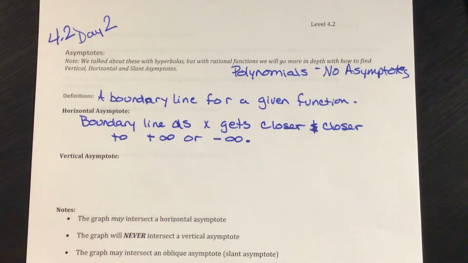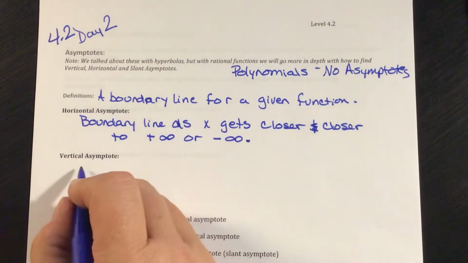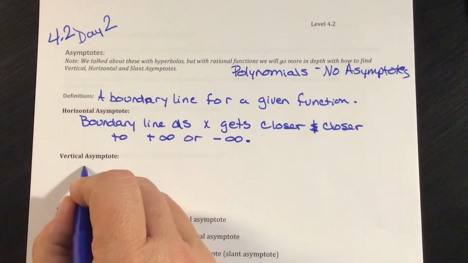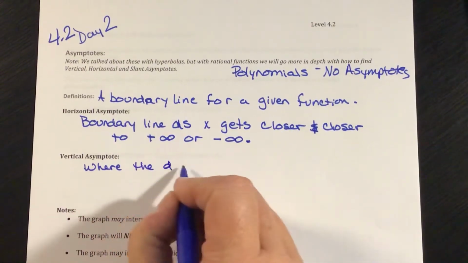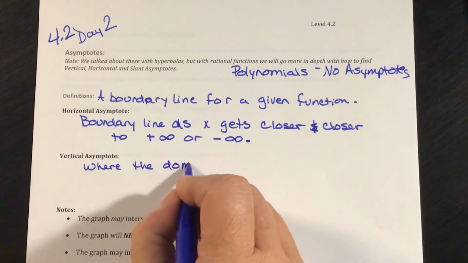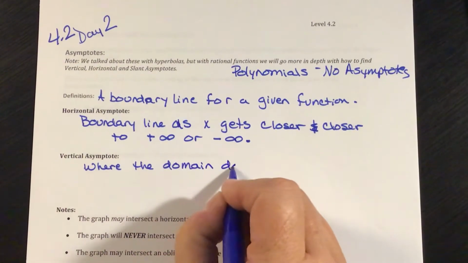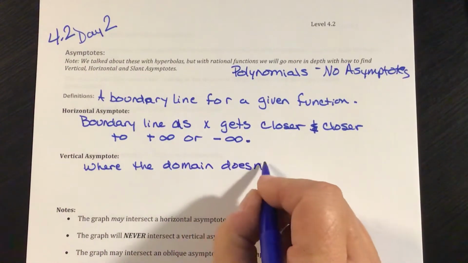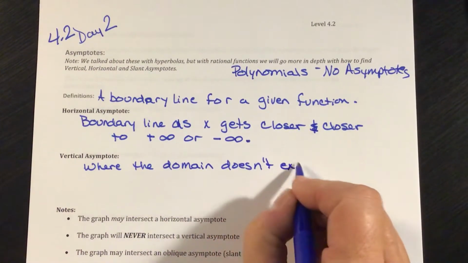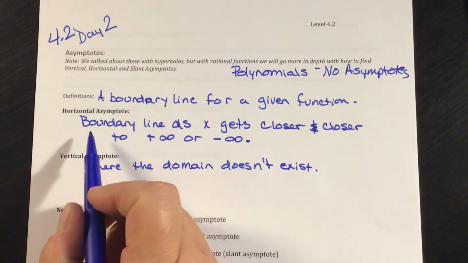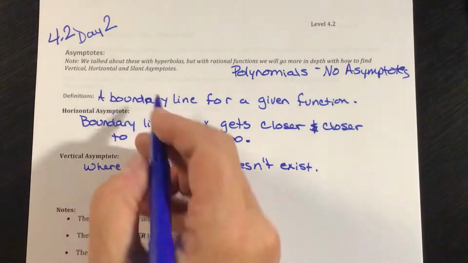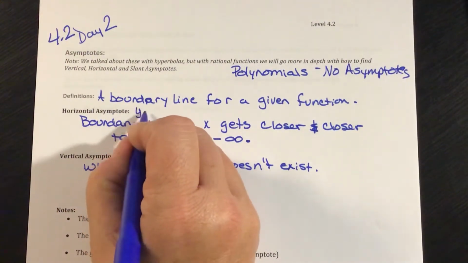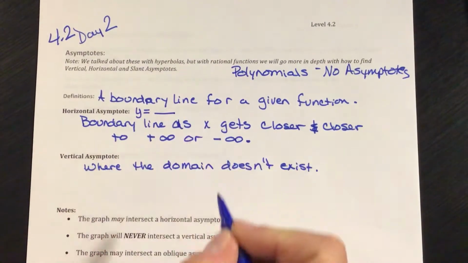Okay, a vertical asymptote is where the domain doesn't exist. Okay, so when we're talking about horizontal asymptotes, these are horizontal lines, and it would be y equals something.